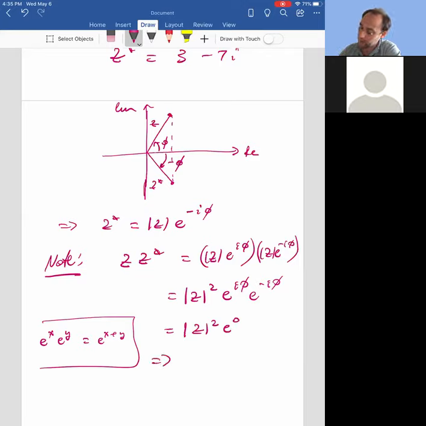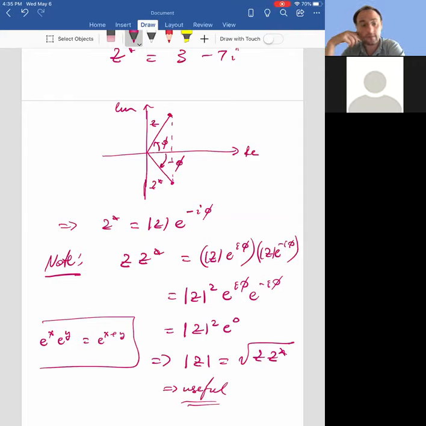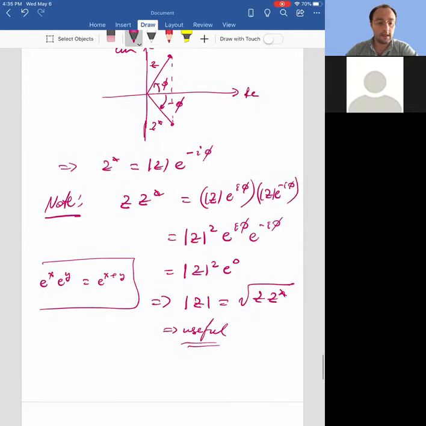And so what we learn is that if I give you a complex number, you can find its magnitude either using the Pythagorean theorem, and that's convenient if I give you the real and imaginary form. If I give you the amplitude and phase form, all you do is multiply z by its complex conjugate: |z| equals the square root of z times z star. And this is useful, you will see. We'll do a lot of that with wave functions. Okay, so that's numbers.